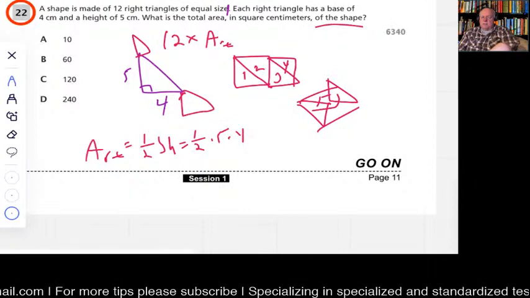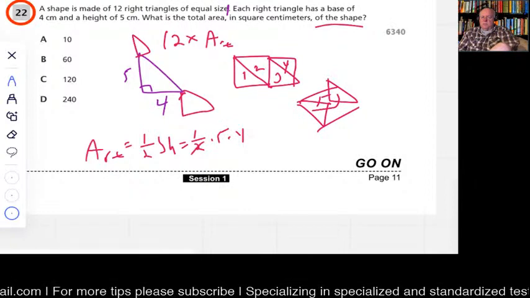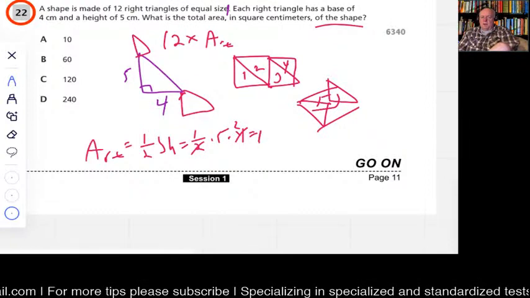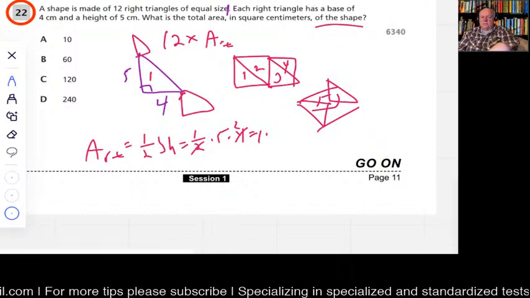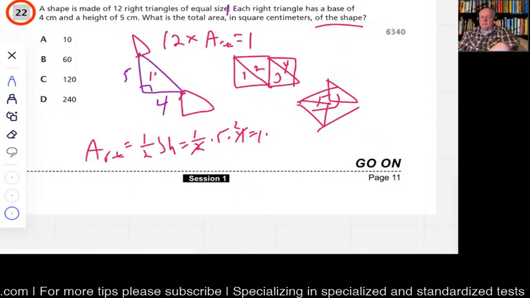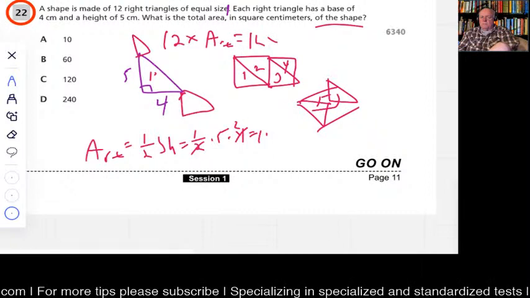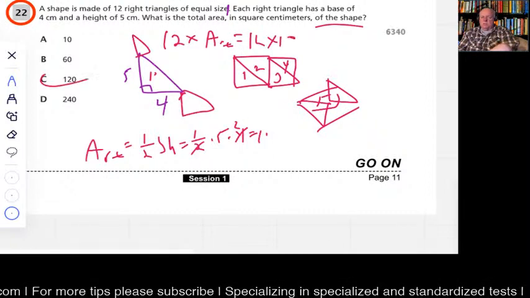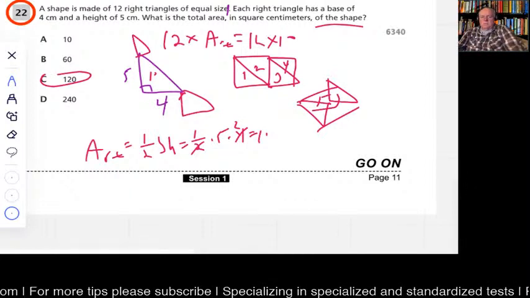There's a couple of ways to do that. We could have canceled this 2 into the 4 and still gotten 10. So the area of this is 10. If there's 12 of them, we're going to have 12 times 10. And bam, 120.